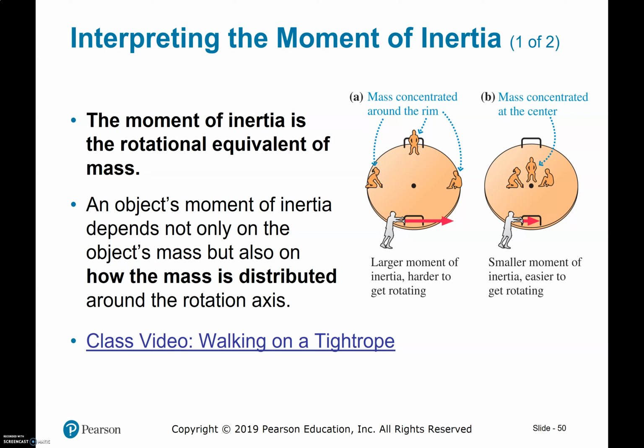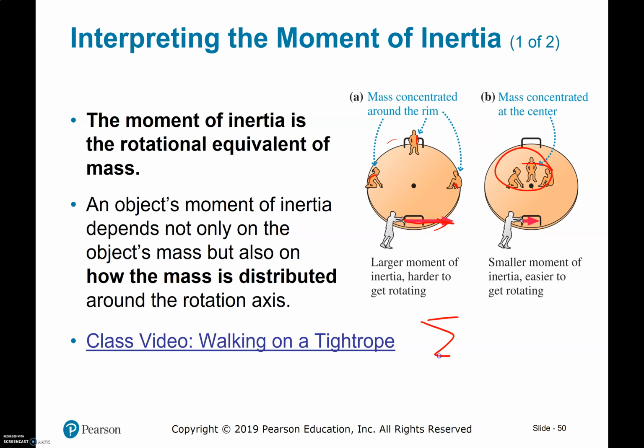So let's think about the moment of inertia a little more. So imagine that we have this distribution of masses here, this merry-go-round, right? If the children are at the edges, then you're going to have to apply a larger force to get this to rotate than if the children are close to the axis of rotation.